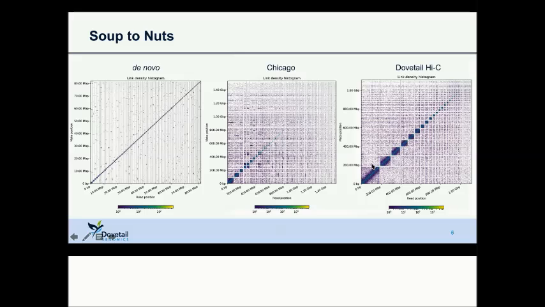And once we get over here to the final scaffolded assembly, at this point we're now into full chromosomes. And so whereas in the Chicago assembly you can see there's a lot of sort of off-diagonal, very high densities of read pairs, that's signal that can be used for scaffolding. Over here we've taken advantage of that, and we've strung everything together.